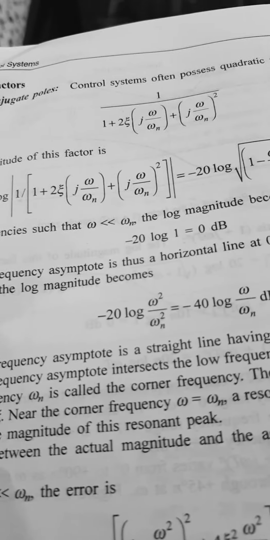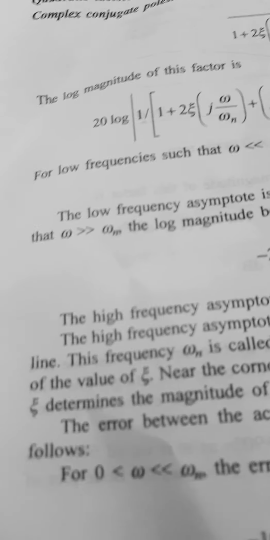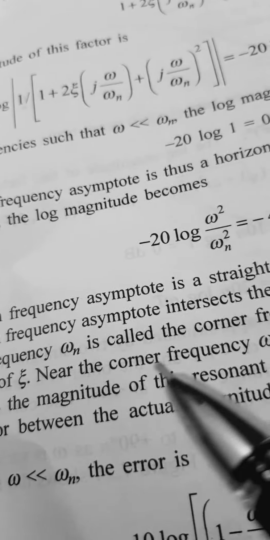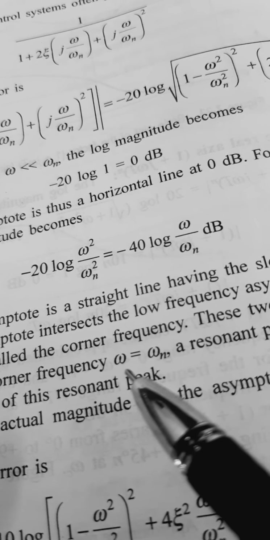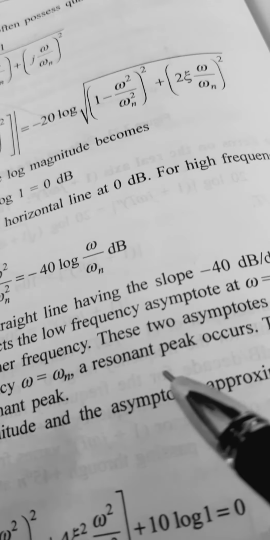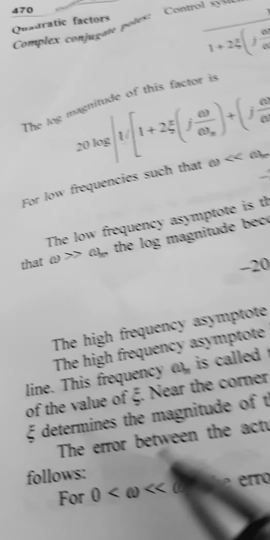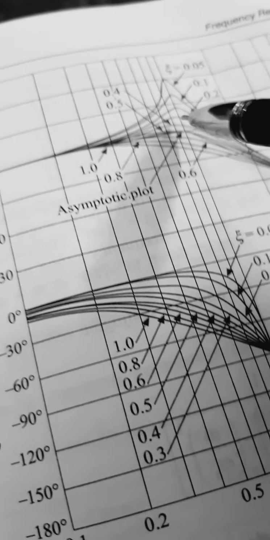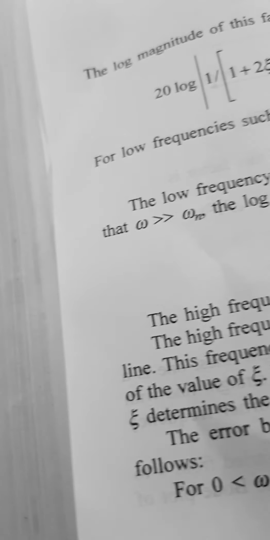Now near the corner frequency, omega equal to omega n, a resonant peak occurs. The damping ratio xi determines the magnitude of this resonant peak.